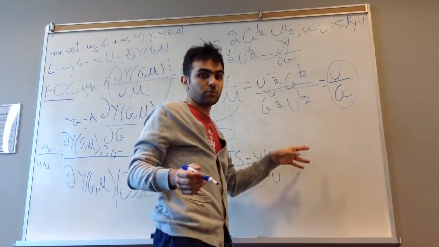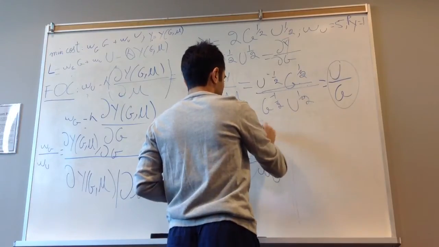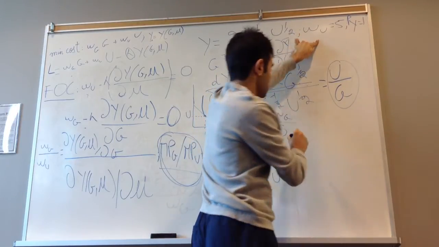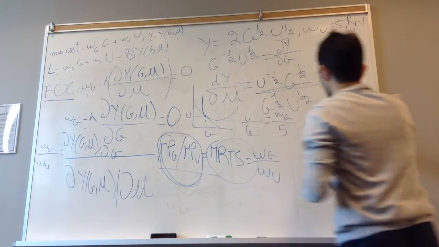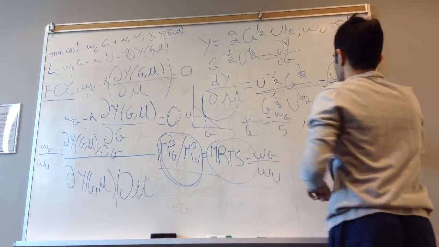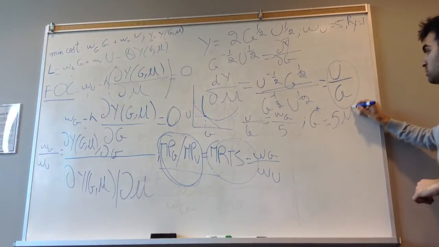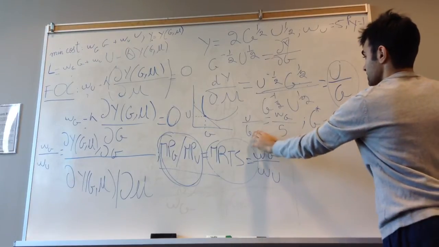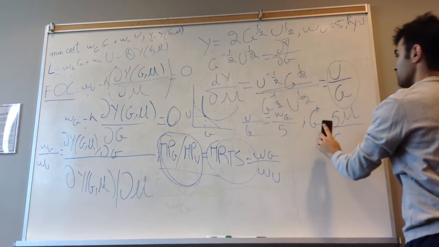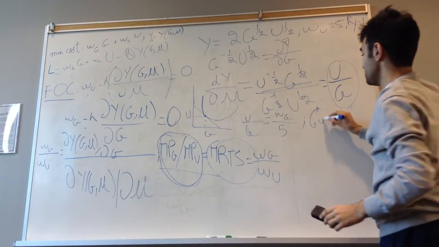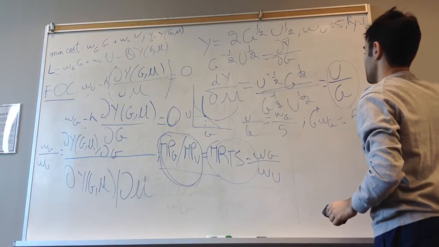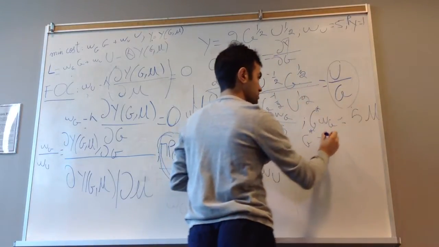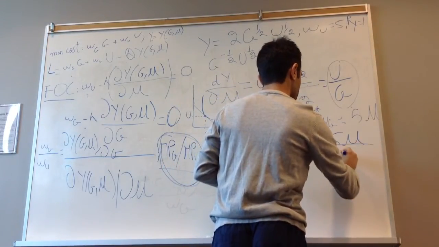So here U over G is equal to WG over 5, given, which means that G times WG is equal to 5U, which means that your G is equal to 5U over WG.